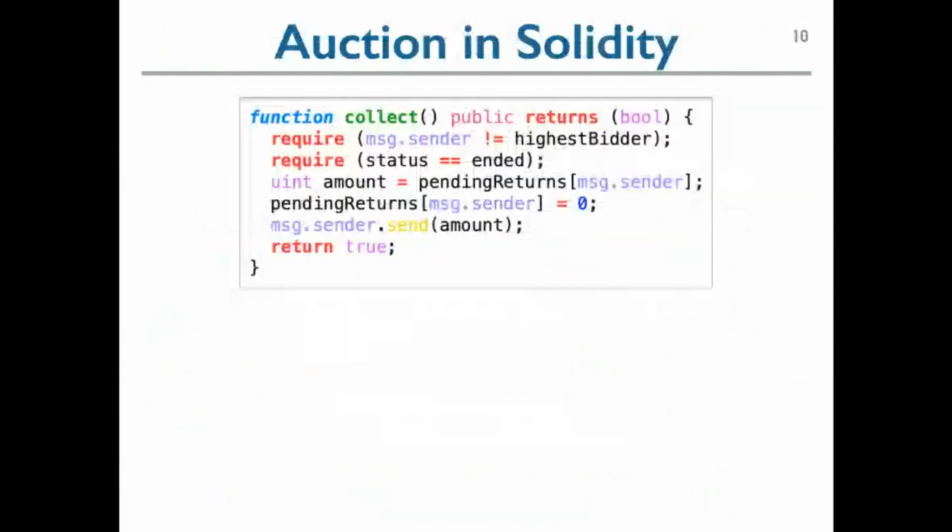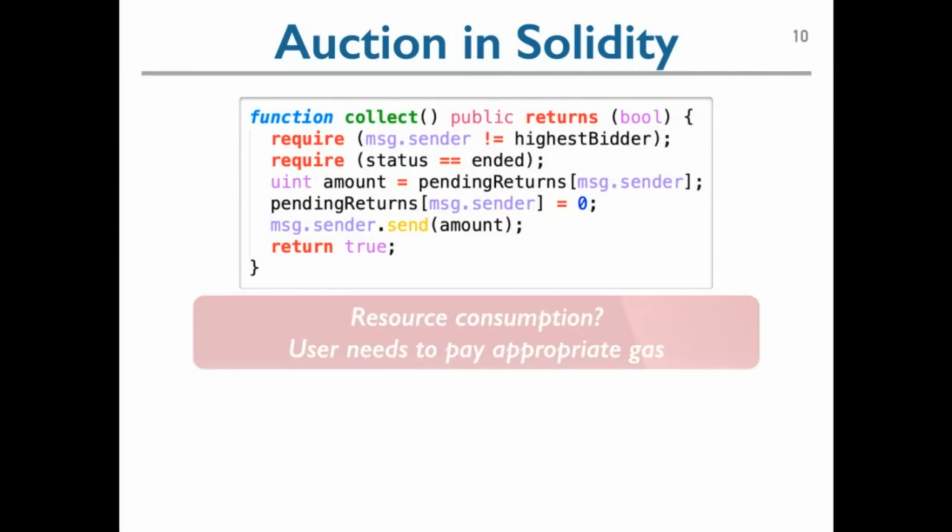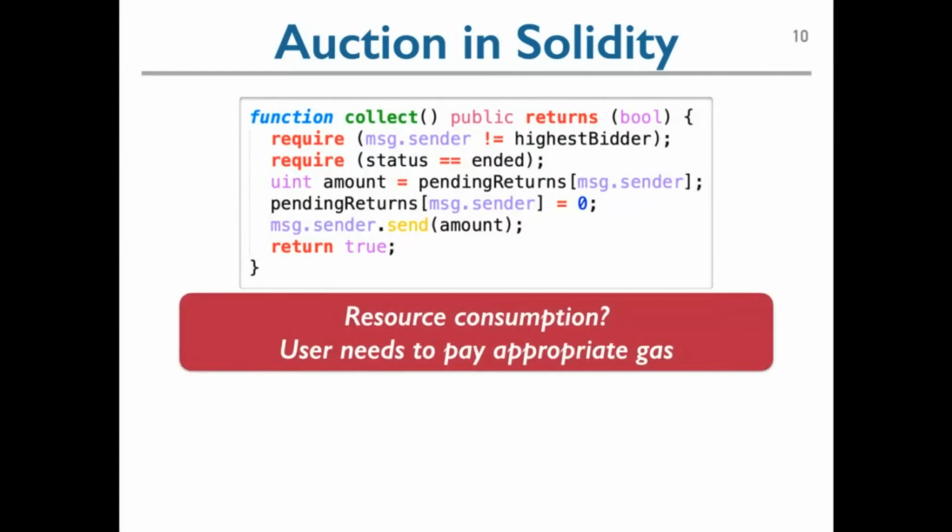Okay, so now suppose I made send the last instruction. I updated the dictionary before the send. Hopefully this code is correct. I haven't really deployed it, so I don't know for sure. But now we go back to the original question I started with, which is how does the user compute the gas consumption of this transaction, because they need to pay that gas cost up front.